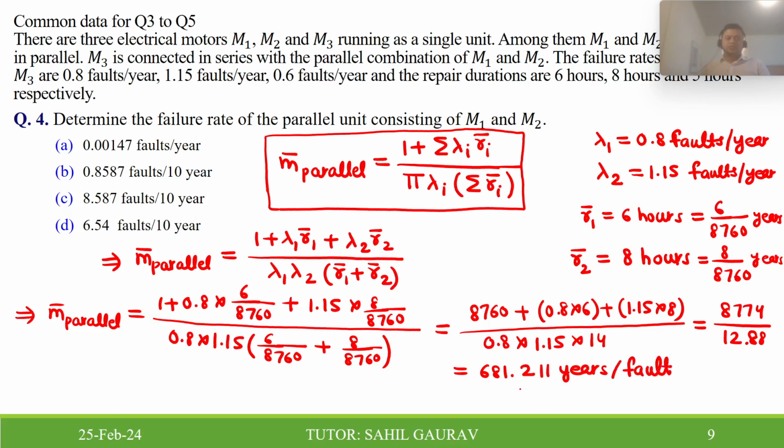So mean time to failure, you got 681.211 years per fault. You have to find the failure rate. So failure rate is just the reciprocal of this. So lambda is the failure rate, so it will be 1 divided by m bar parallel, so 1 divided by 681.211 faults per year.